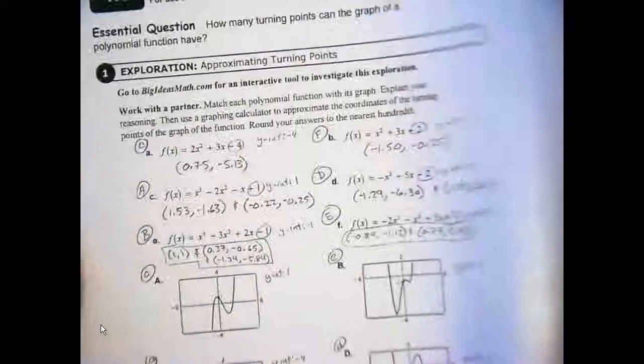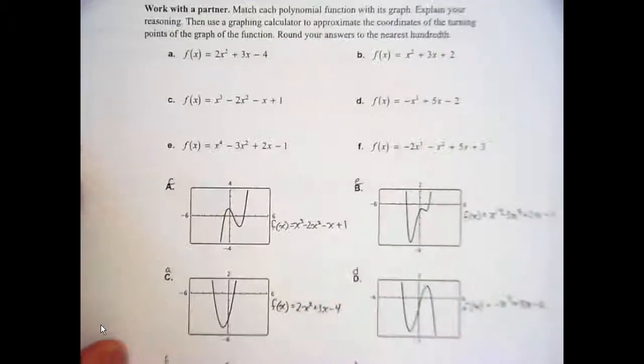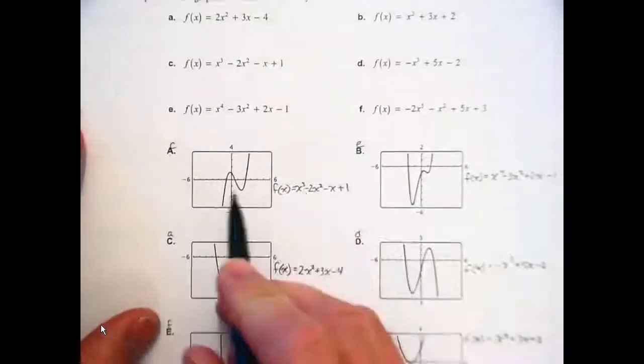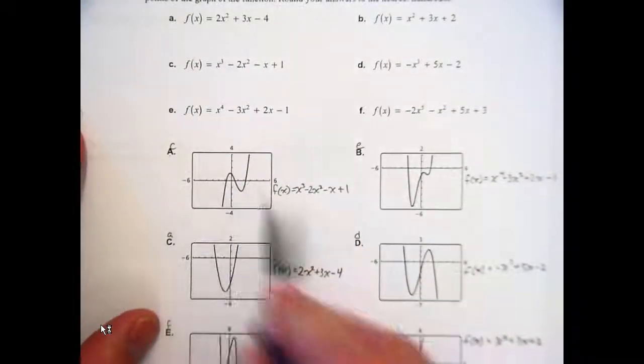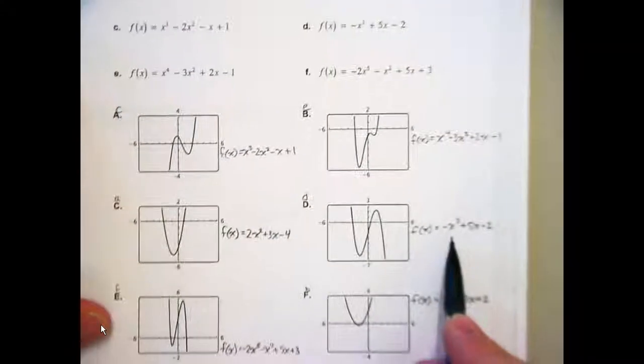Okay, so number of turning points. Notice, actually, it's a little easier if I use this page. Open the binder would help. All right. Notice this is a cubic. How many turning points? 2. This is a quartic. How many turning points? This is a quadratic. How many turning points? 1. Cubic. How many turning points? 3.